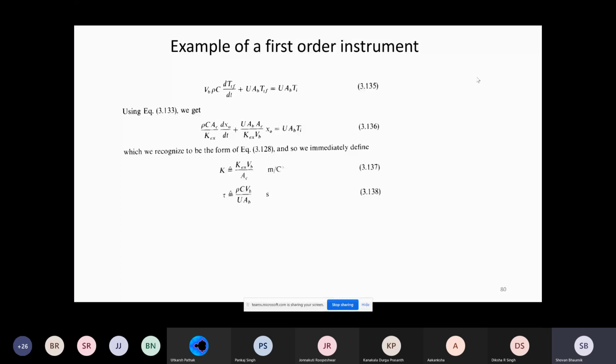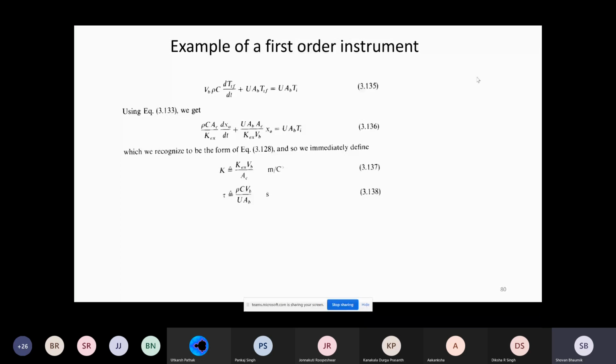So our instrument, the thermometer, becomes a first order instrument when we model it, and the static gain depends on KEX VB by AC, and the tau, that means the time constant, will be rho C VB by U AB.